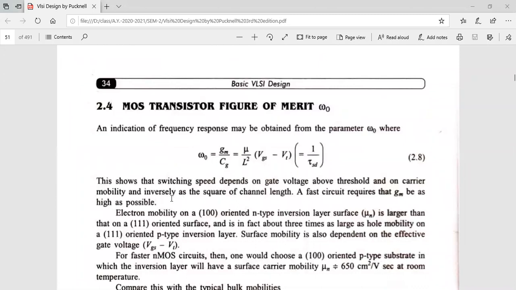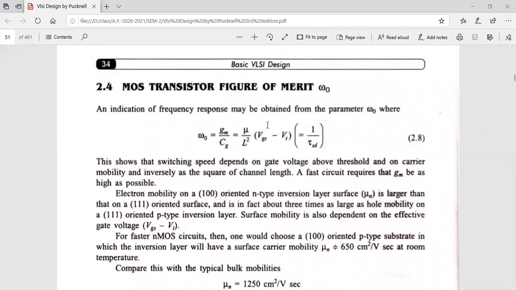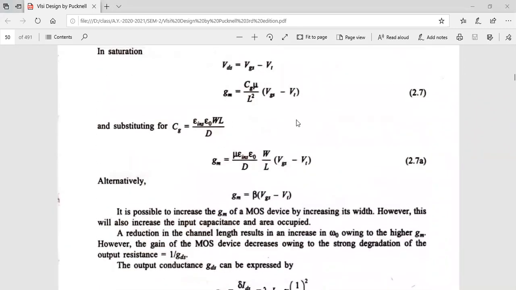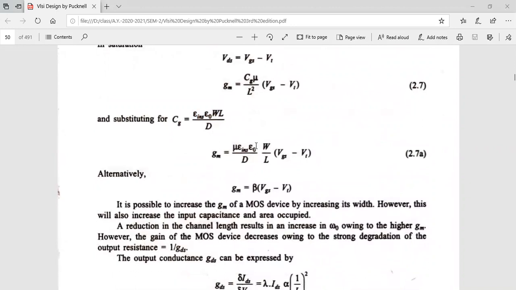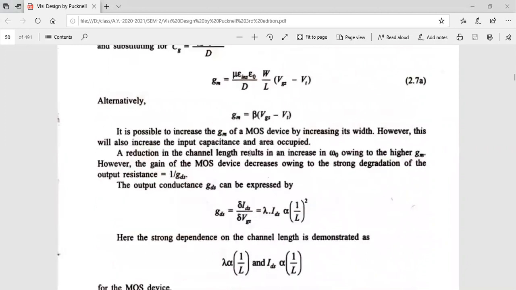Not only that, we can also have the MOS transistor figure of merit. The figure of merit is indicated as omega naught, which we can get by the transconductance GM divided by the gate capacitance CZ. We have the values for CZ here, and we also have the values for GM.